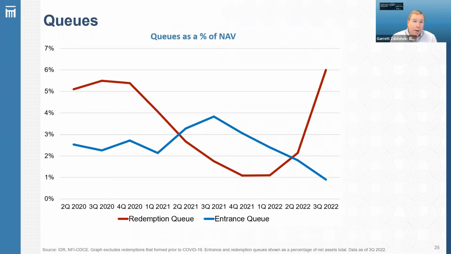The market started to recover, and it went from about 15% to 2% in 2 quarters because investors said, we're clearly in the recovery, I don't want my money out, I'm going to rescind. Then entrance queues went up to about 14% as other investors tried to get back in. So these can really change pretty quickly.